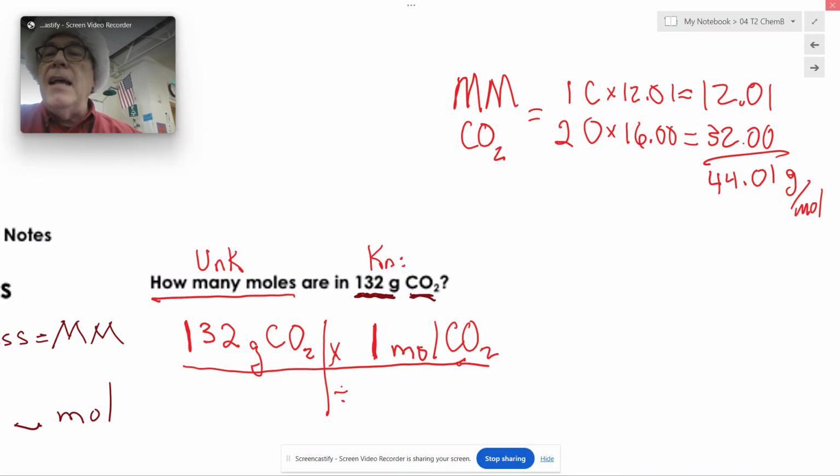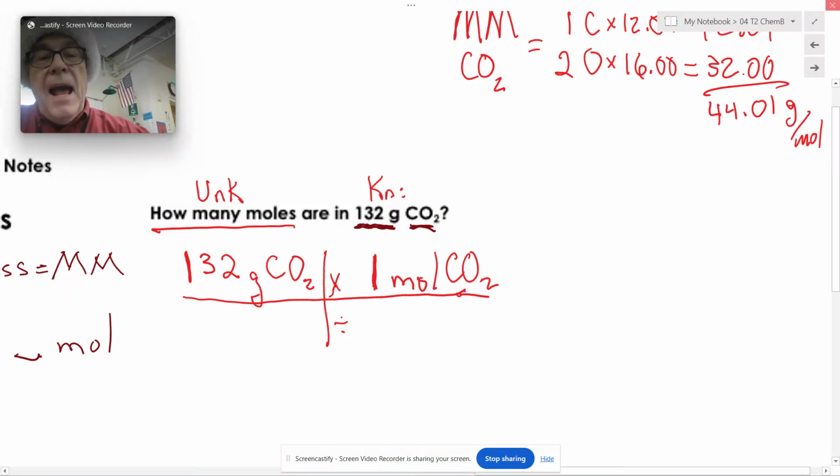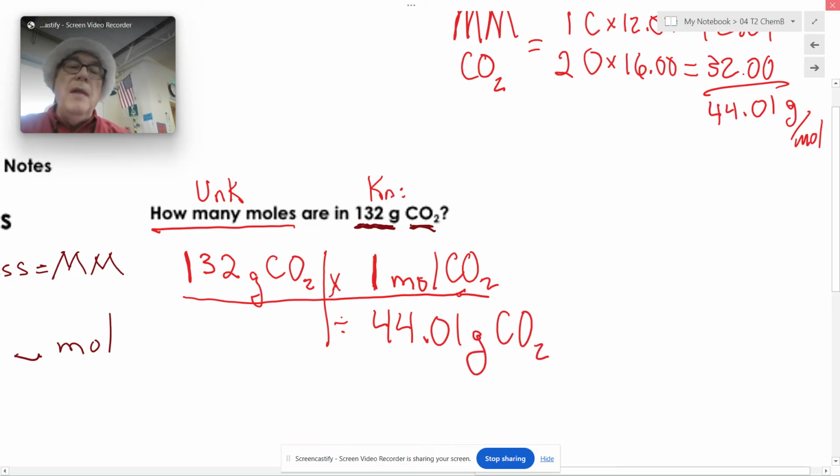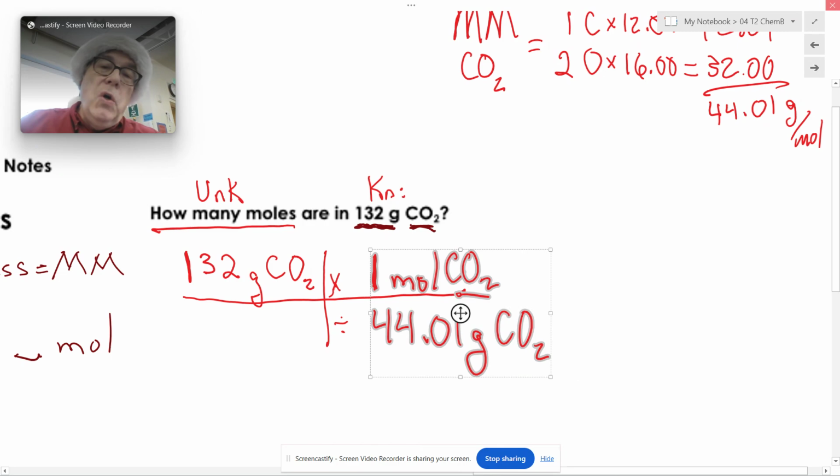So that's 44.01 grams is 1 mole. So that's our molar mass, and it's going to go right here, 44.01 grams of carbon dioxide is 1 mole. That's what that fraction right there is telling us, 44.01 grams per 1 mole.